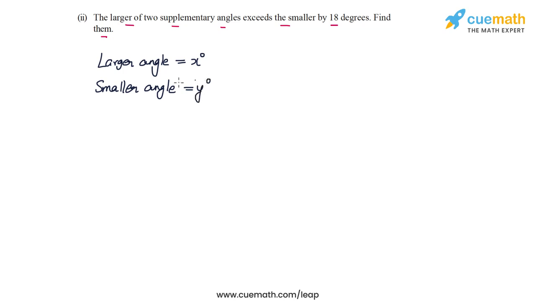Now the given problem statement actually gives us two pieces of information about x and y. The first thing it says is that the two angles are supplementary, which means that their sum should be 180 degrees. And from this we can write our first equation, x plus y should be equal to 180.